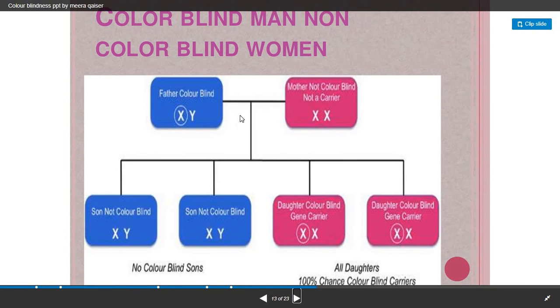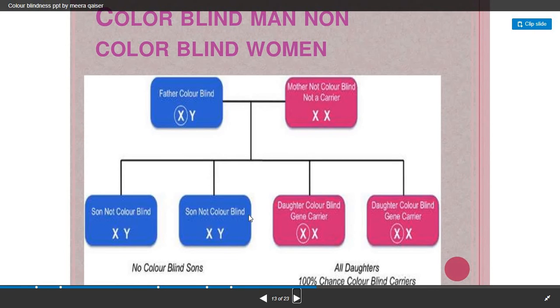Now here it is shown with the help of a chart. Suppose the father is colorblind; as you know, the chromosomes for the male parent are XY. Father is colorblind means the gene for colorblindness is present on the X chromosome, and the mother is a carrier. Whenever mating between them occurs, what are the possibilities?